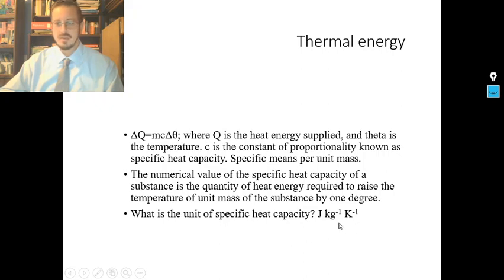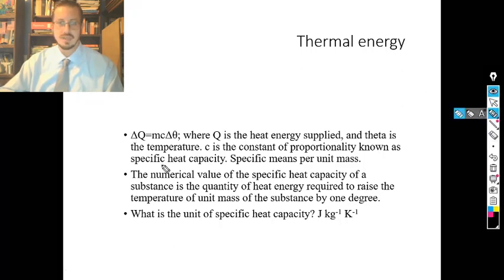Now, note that these are not base units, but the units here should make a lot of sense to you when we think about if the left side of this equation has units of joules, because it's energy, right? Thermal energy, Q. So joules, then we need to have joules on the right side. Because specific heat capacity has joules in its numerator, that's how we say it's the number of joules, but it's per kilogram, right?